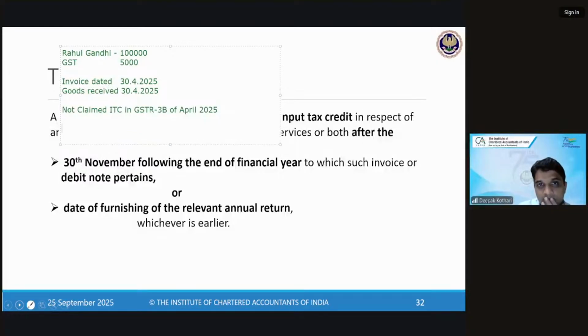Then what will happen? Can you claim it in the month of May 2025 return? Can you claim it in May 2025 return?